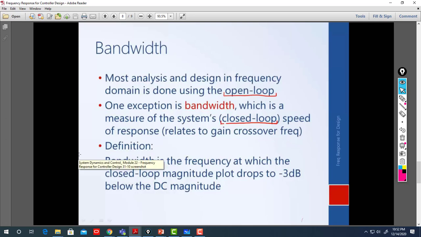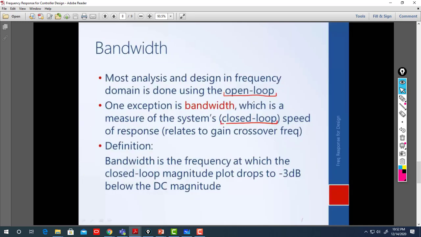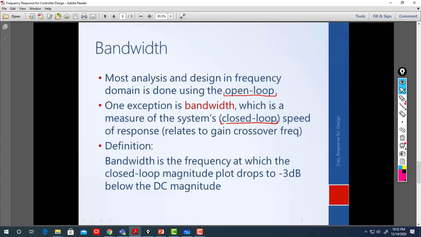So the only analysis we need to do in closed loop is when we need to find the bandwidth of the system, which is a measure of the speed of the closed loop response as well. We know it's related to the gain crossover frequency in the end, so if we speed up this, then we are increasing the bandwidth of the system.